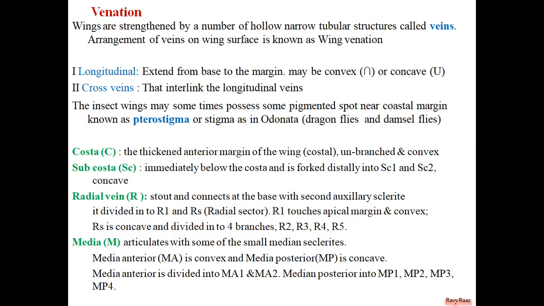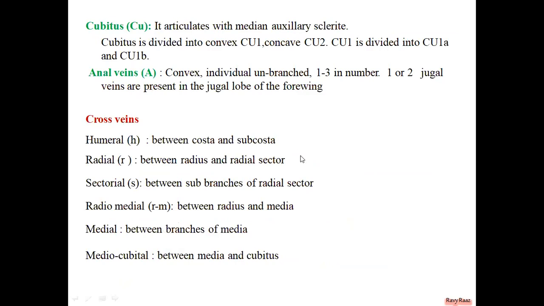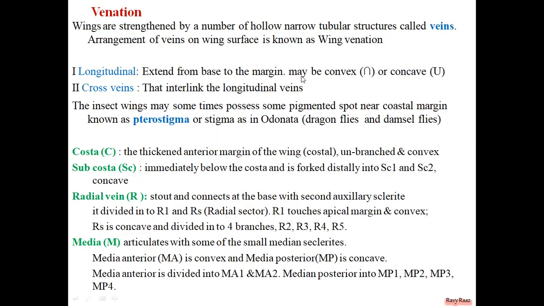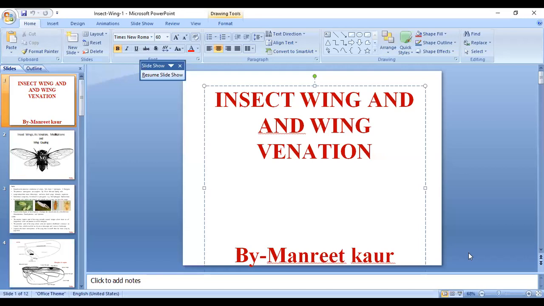Media anterior is divided into two regions, MA1 and MA2. Similarly, media posterior is divided into two, MP1 and MP2.